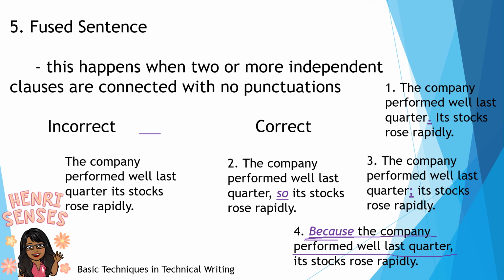And then you can also have a comma here to separate the dependent clause from the independent clause, because you added the conjunction because here, that makes it a dependent clause. Okay, and then this one remains an independent clause.